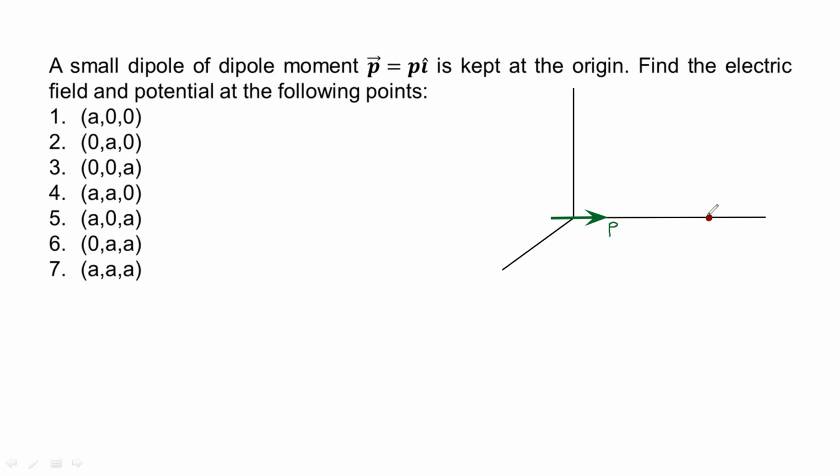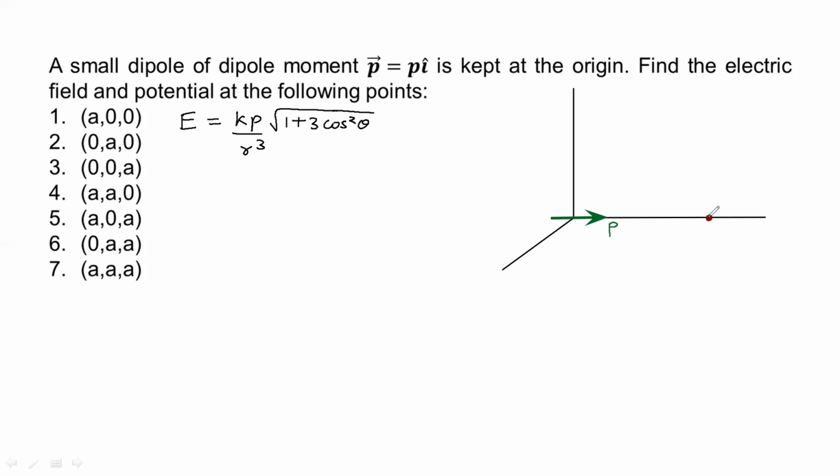Now, before we do that, let's just write the formula for both electric field and potential due to a dipole. So the electric field due to a dipole at a point is given by Kp by r cube times root of 1 plus 3 cos square theta, where r is the distance of the point from the dipole, p is the dipole moment itself, and theta is the angle between the position vector and the dipole moment.